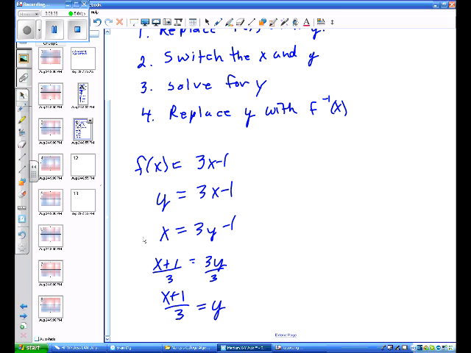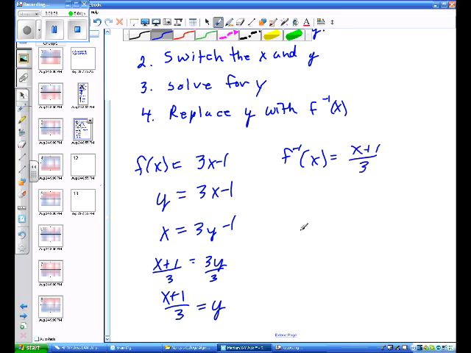Now, if I wanted to prove that I had found the correct inverse, I can go back and find f of f inverse. So I've got my f of x is 3x minus 1. My f inverse of x was (x plus 1) over 3.